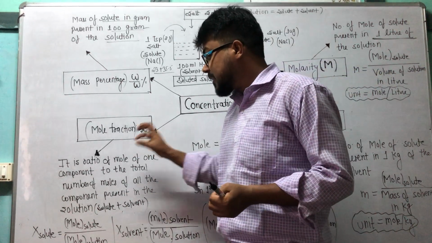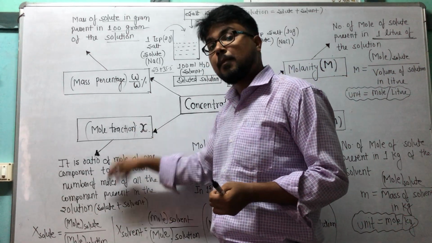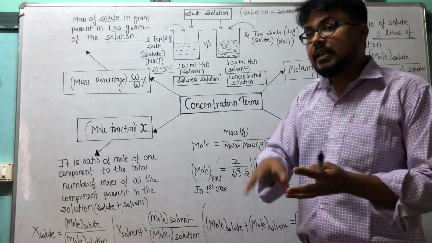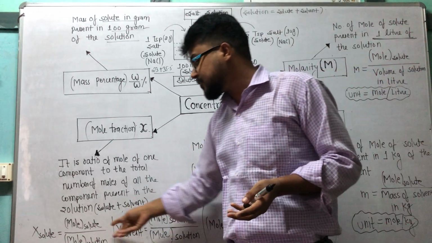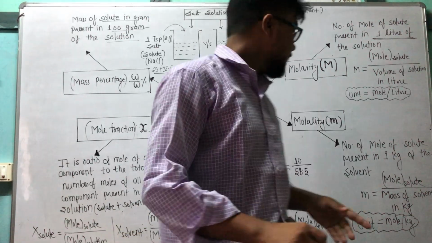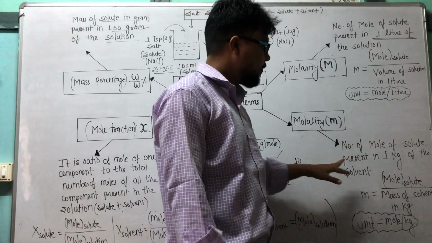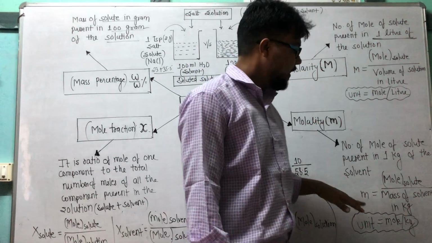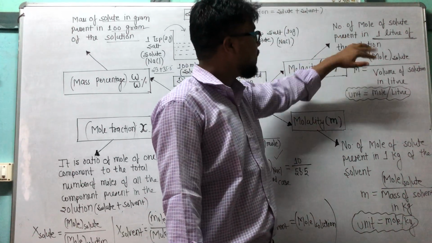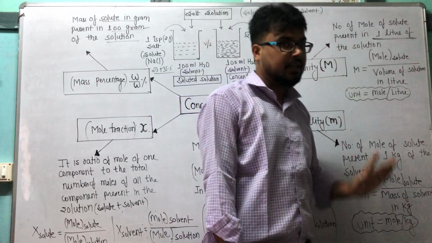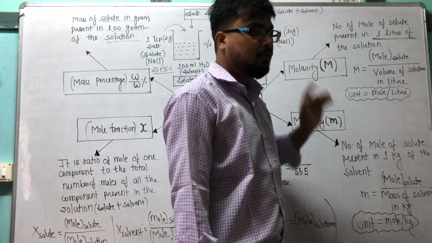That means some amount of solute in the form of mole is added in a fixed amount of solution, which is also in mole. In case of molality, number of mole of solute present in 1 kg of solvent. Unit is mole per kg. In case of molarity, number of mole of solute present in 1 liter of the solution. Unit is mole per liter.